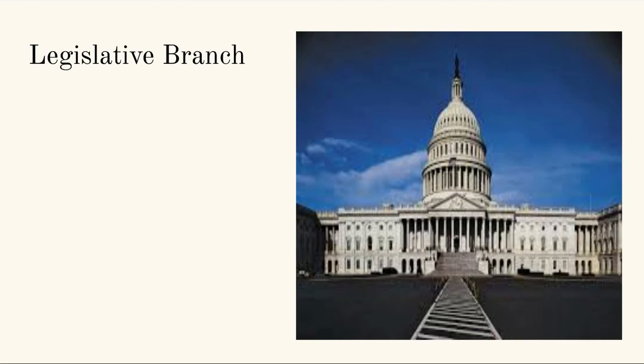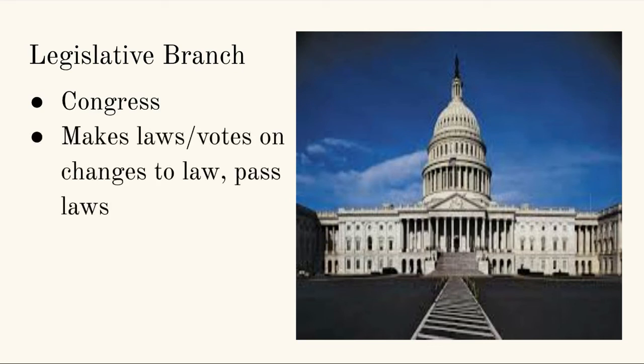Okay, the legislative branch is headed by Congress. Okay, Congress's main job is to make law. Okay, that can be making brand new law, that can be changing existing law. Okay, but if it's to do with making law, it's a congressional deal.